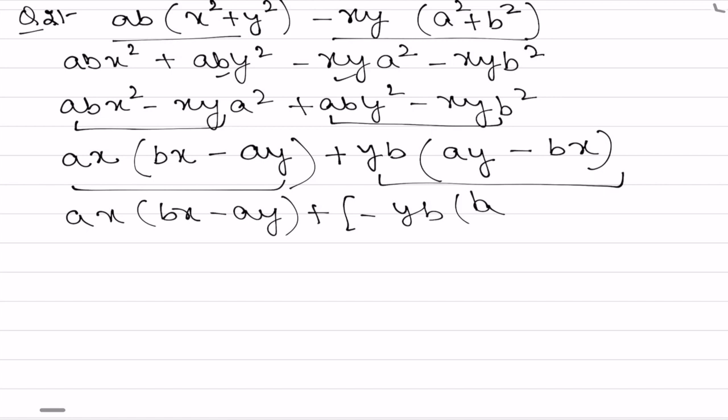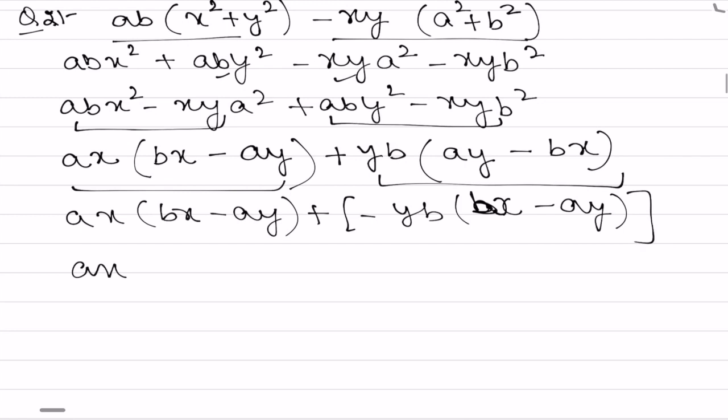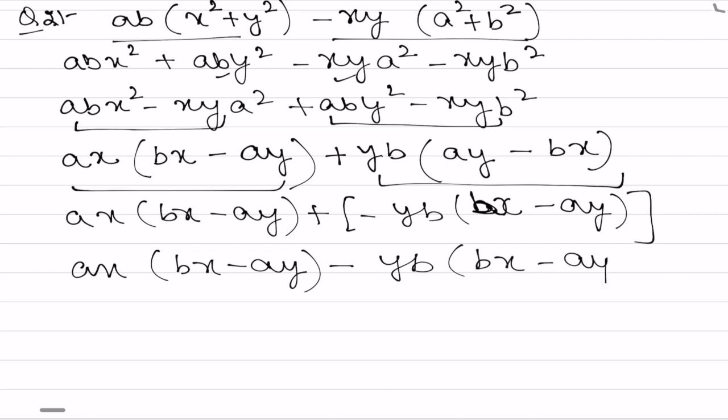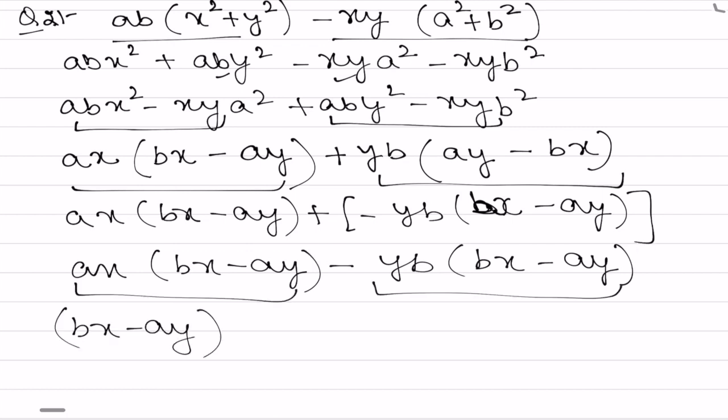So minus yb (bx minus ay). So ax into (bx minus ay) plus minus minus yb (bx minus ay). Got it? Now we can see in both the terms bx minus ay is common. So what is left? ax minus yb. So these two are the factors of the given expression.